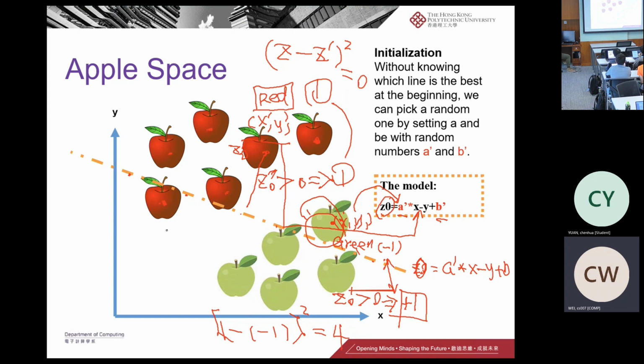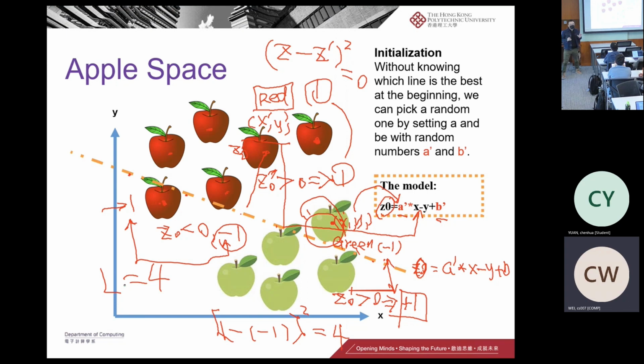This red apple will have the z0 right now as z0 less than 0, which will output -1 there, but its actual label is 1, right? So when comparing those two, this is the ground truth, and this is the output you have. So which will give you the loss equals 4 as well.